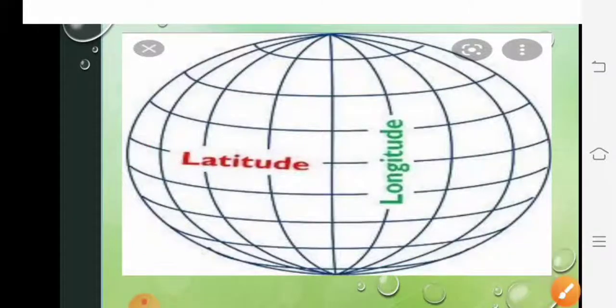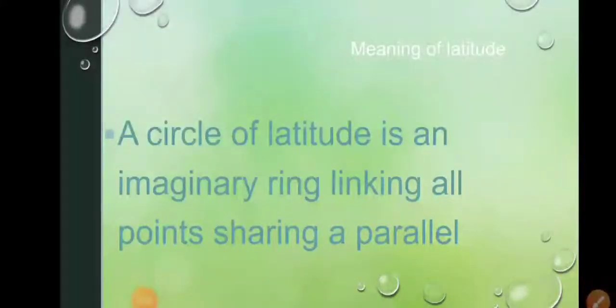Okay, we will move forward. Next, the term comes for the meaning of latitude. Well children, right now I told you that the long vertical lines are called longitude. Longitude and latitude are imaginary lines placed on the surface of the earth.